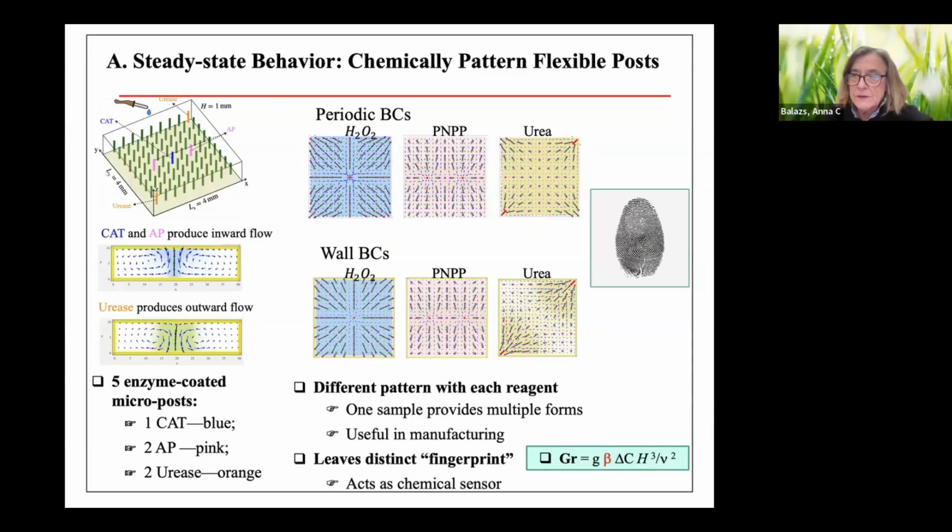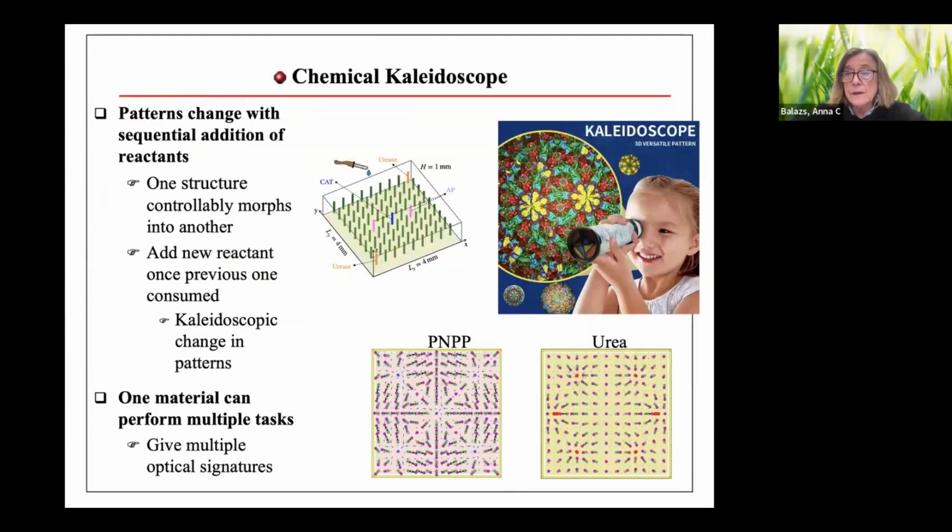If anything changes in the system, like the height of the box or the beta, the buoyancy coefficient, and beta's unique to a chemical constituent, then I get a very different pattern. So the pattern you see is indicative of what conditions you're using, and it forms a fingerprint.